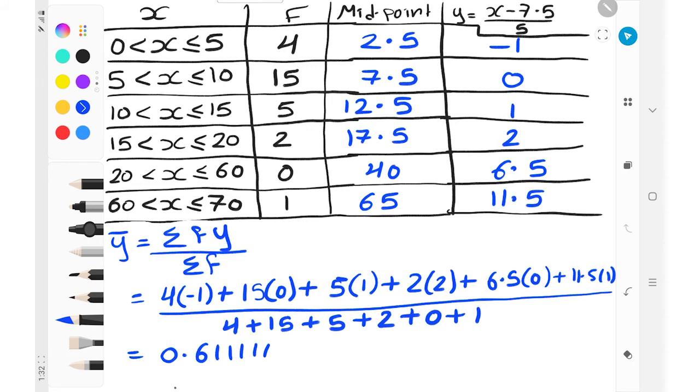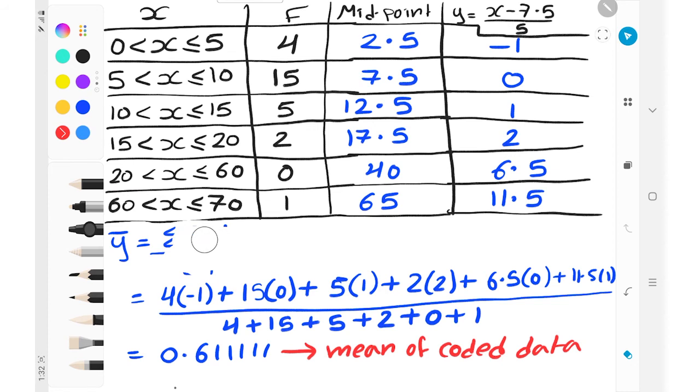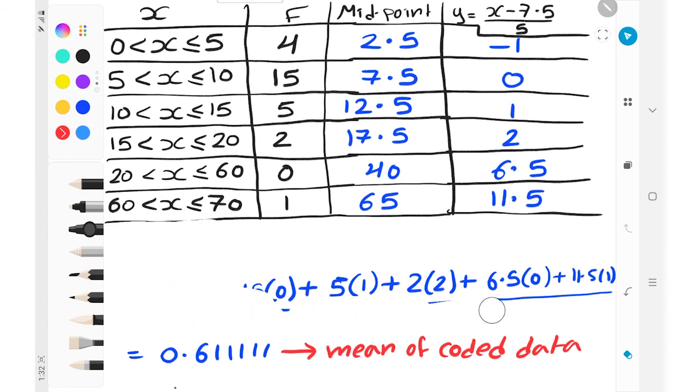So now I found the mean of the coded data. Now I want to find the mean for my original data. Let me erase these. And let's find the mean of the original data using the code.